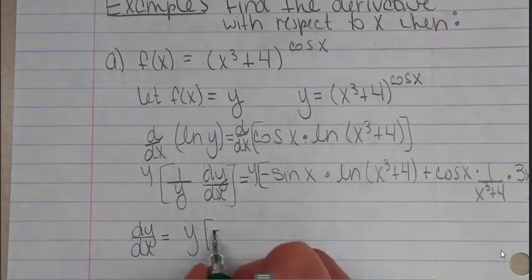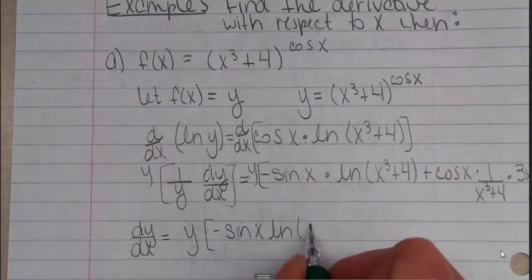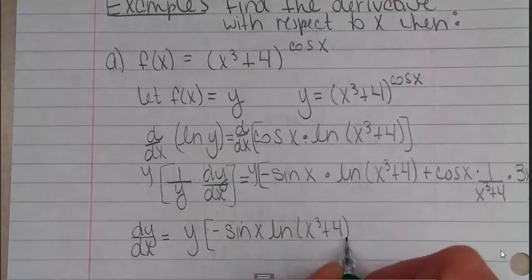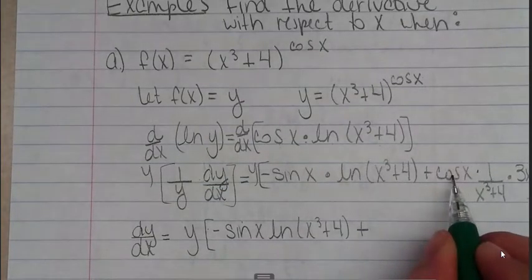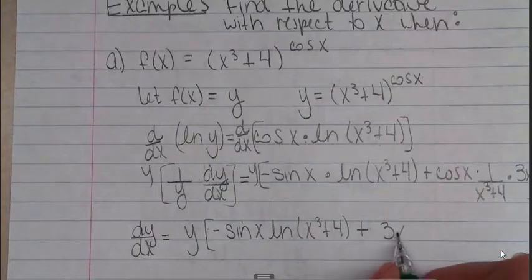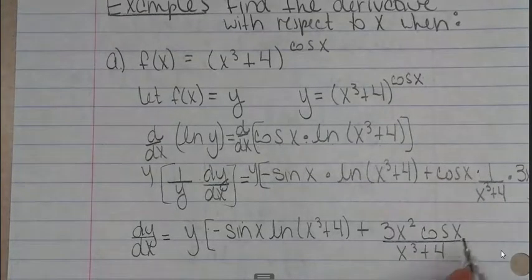Okay, and I have negative sine x ln of x cubed plus 4. Plus, I'll multiply the tops here, so 3x squared cosine x over x cubed plus 4.